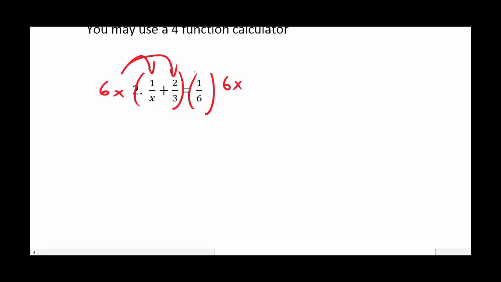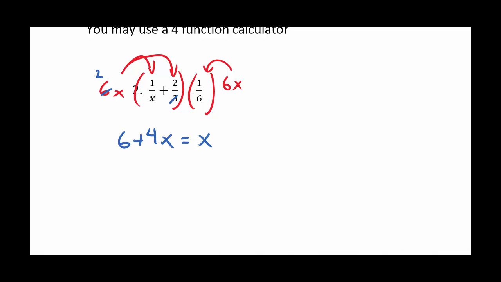And I'm going to distribute that in, and that should get rid of my fractions. So 6x times 1 over x, in that case the x's divide out, and I'm left with 6. 2/3, well, let's see, 3 goes into 6 twice, so that'll leave me with a 4x on that side. And then over on the right side, the 6's divide out, and I'm left with x.